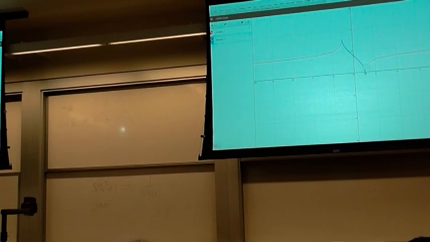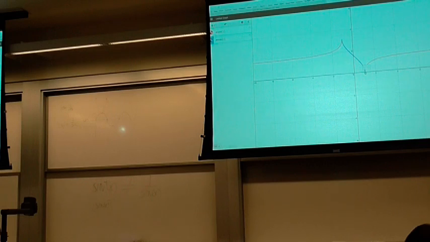I want to say this right. For the arc sine, the domain is from -1 to 1. And the range is from 0 to pi.